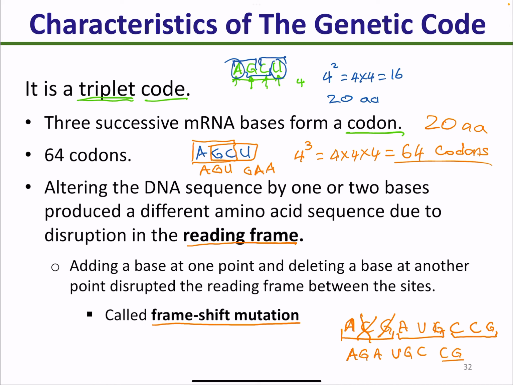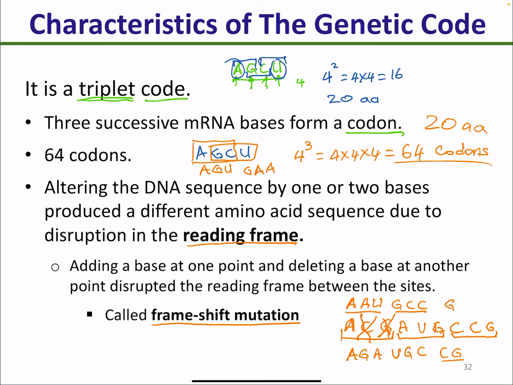If you lose a second nucleotide here, then your new frame is going to be A, U. Then you're going to have G, C, C, and G, right? So you're going to have a different set of amino acids, right?